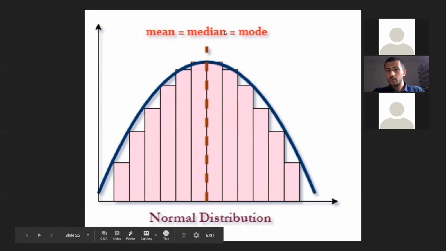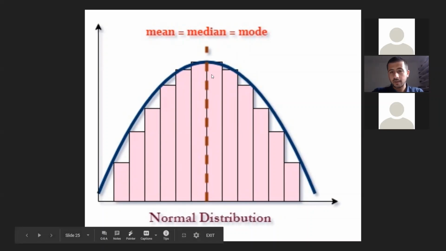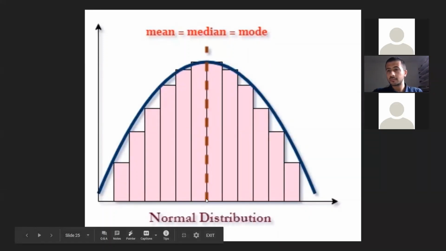If I give you this distribution, what is the number with the higher frequency? The two bars around the dashed line. Ah, I got it now. Okay, this number is the median because it stands in the middle. The distance from here is similar to the distance from here. It is the mode because its frequency is the highest, and it is the mean because if I combine all those and divide them by the number, it will be this point.